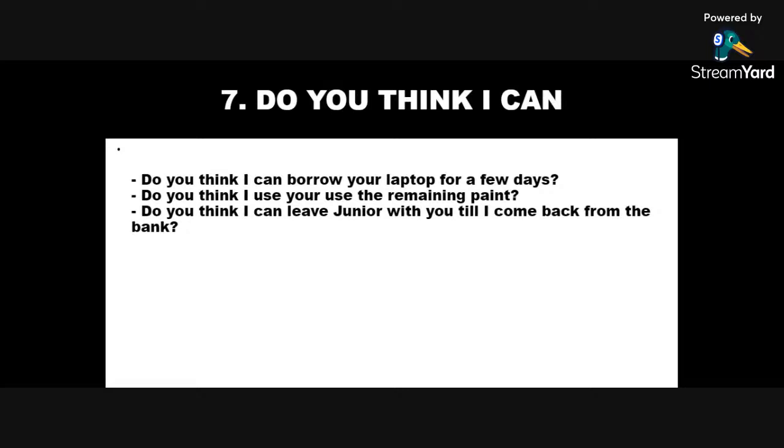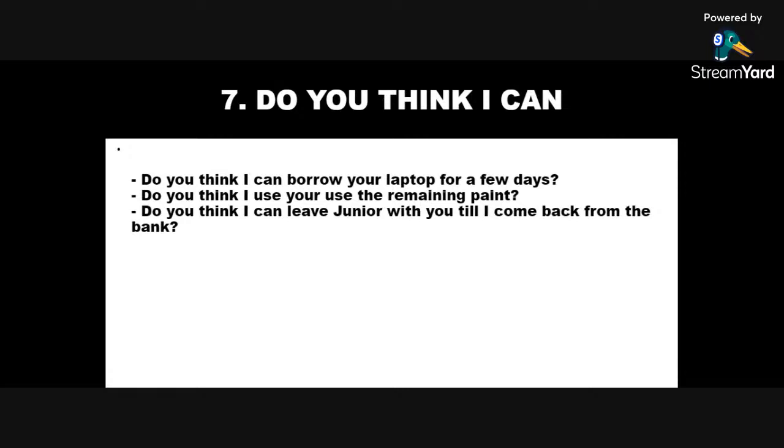For example, do you think I can borrow your laptop for a few days? You know, you have to also think of the person. The fact that he owns that laptop implies that he has a purpose for it. So you cannot just come and say, give me your laptop. You need to consider the inconvenience that this person is going to have.